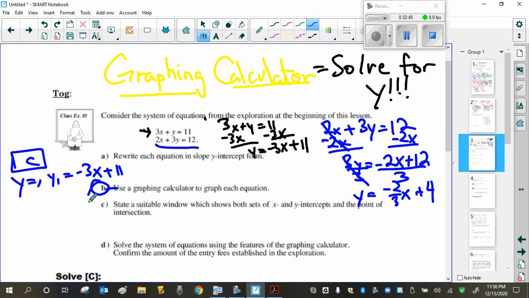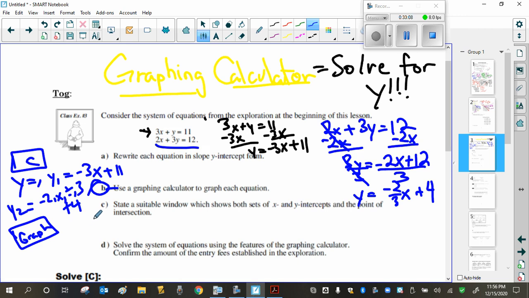I'll show you in a second. And then you're going to go to y2 and enter negative 2x divided by 3. That's negative 2/3 x. And then plus 4. And then you have to graph. Sometimes when you're just starting out, you forget to hit graph. And you got to hit graph.